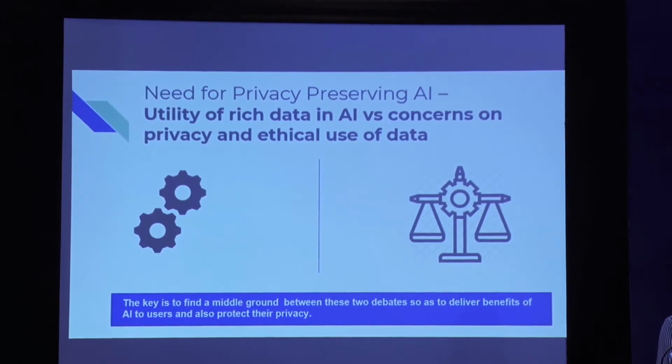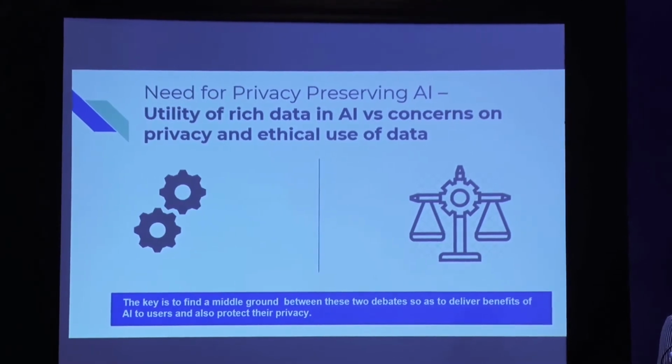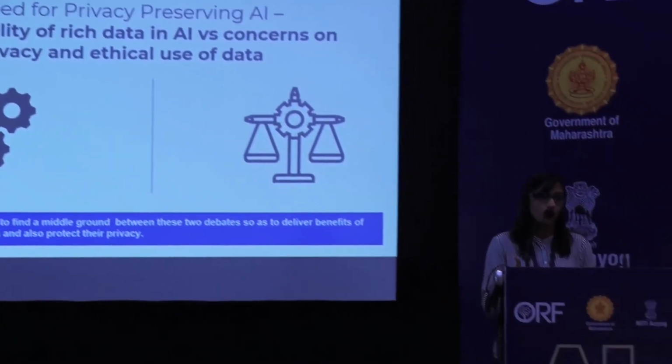For example, data on our diet, our sleeping pattern, our geolocation data could help us build AI models that inform users about their habits, about how to improve their diet, and give them predictions and more meaningful insights. So AI models require rich, granular and quality data to give meaningful insights to users.